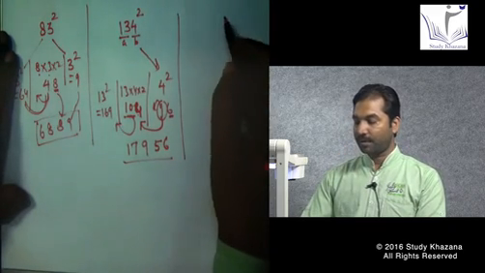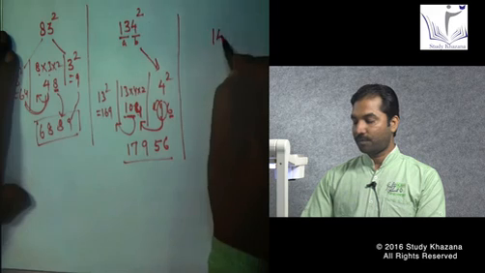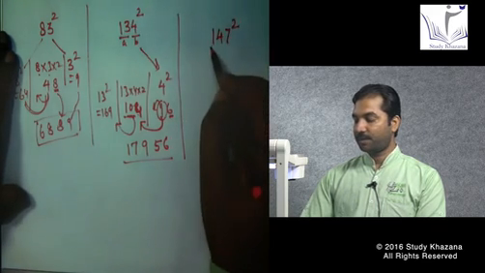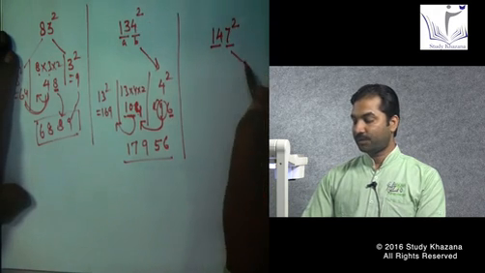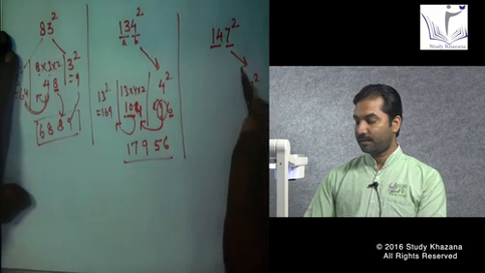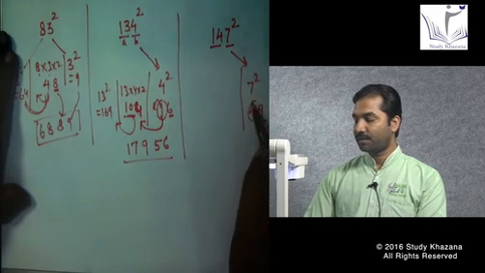If you take another example, 147 square is nothing but 14 and 7. 7 square is 49, and then write 9 and 4 is carried over.